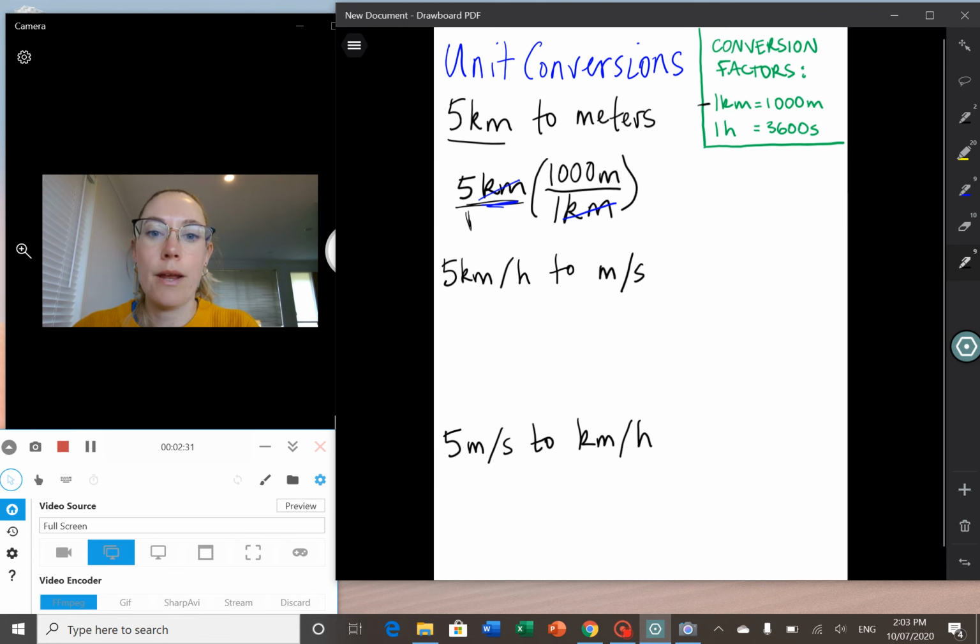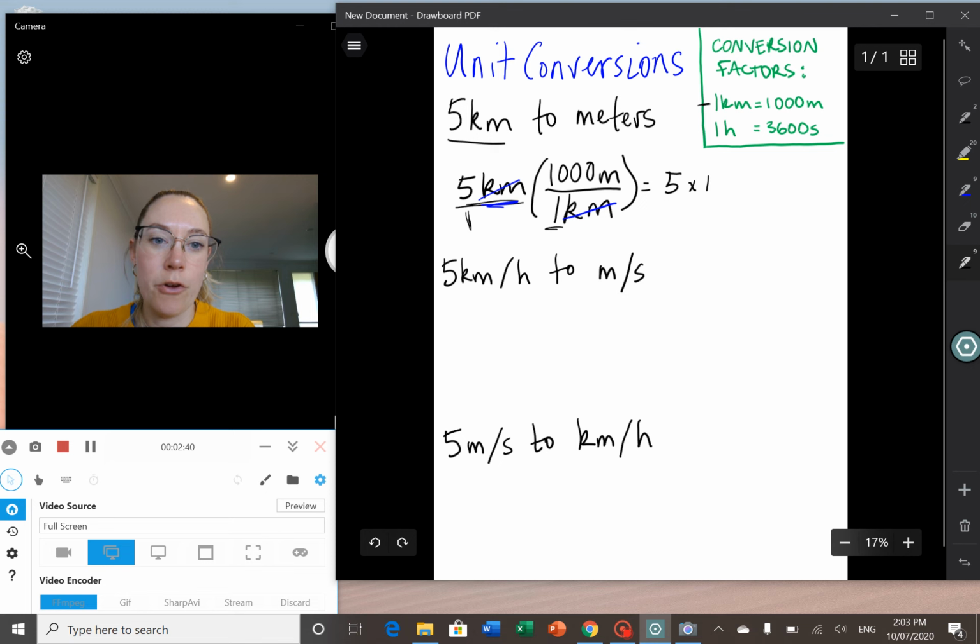Now the way that I would enter this into my calculator, I've got a 1 kilometre here. I can ignore that, so I would actually just put this as 5 times 1,000, which is going to be 5,000 metres. Okay.